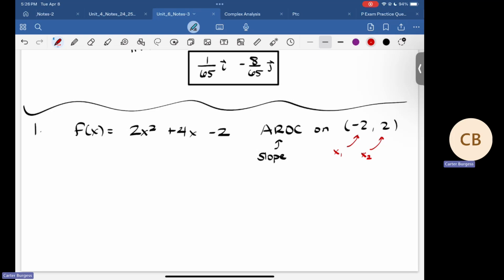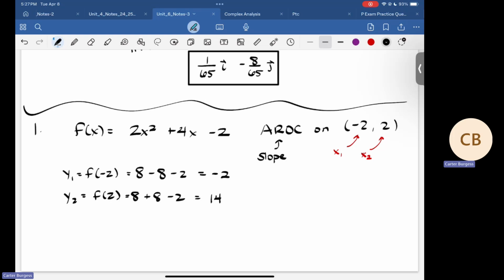In this case, y1 is equal to f of x1, which is 2 times -2 squared, which is going to be 8. 4 times -2 is -8, minus 2. I get a starting y value of -2. And my y2, which is f of positive 2, is going to be 8 plus 8 minus 2.